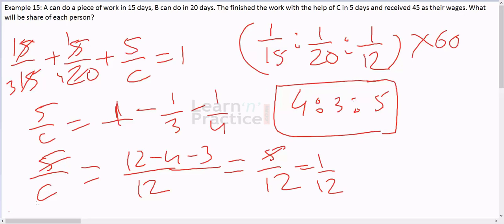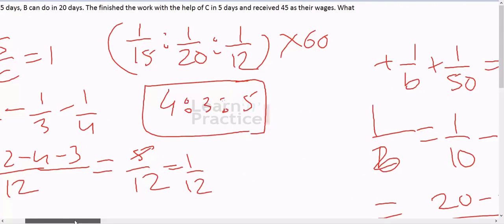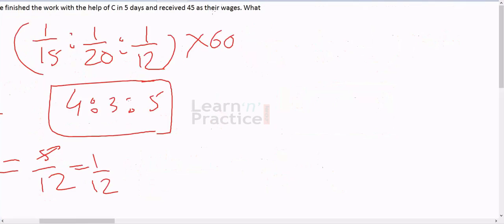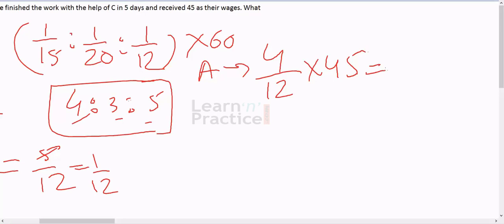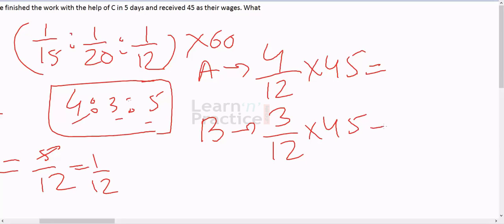So we can write for A, the wage will be divided 4 by 4 plus 3 plus 5, that is 12, multiplied by 45. For B, this would be 3 by 12 multiplied by 45, and for C, this will be 5 by 12 multiplied by 45.